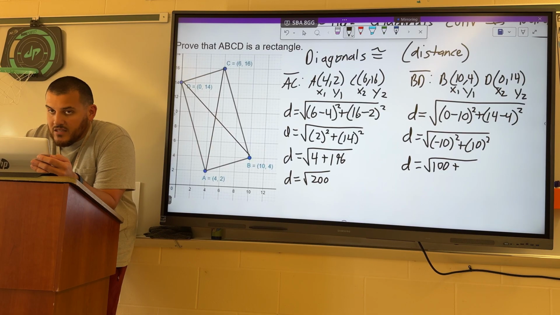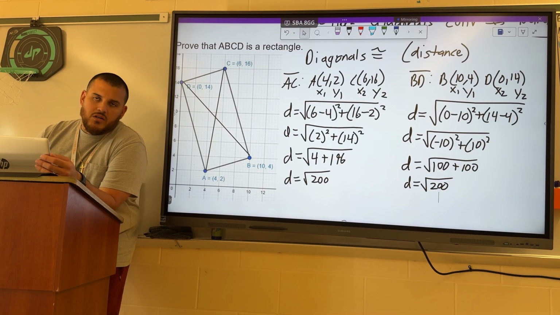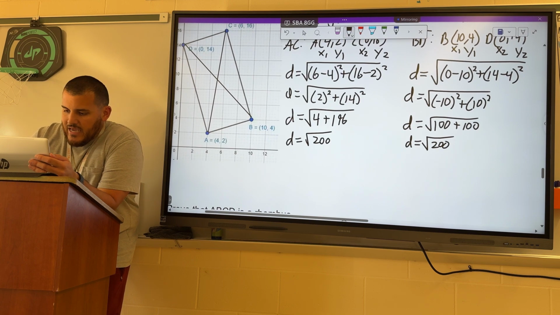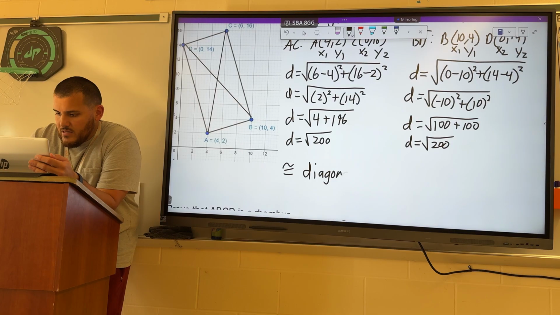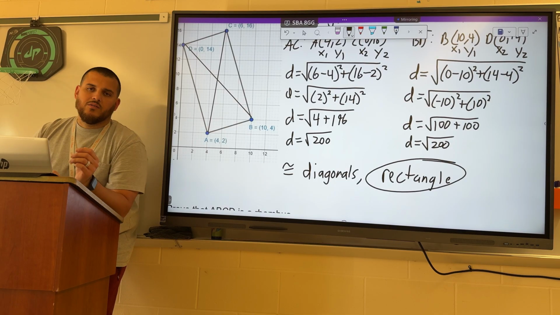Negative 10 squared is positive 100. 10 squared is positive 100. When I add those together, I get the square root of 200 for both diagonals. So because I have congruent diagonals, this shape must be a rectangle.